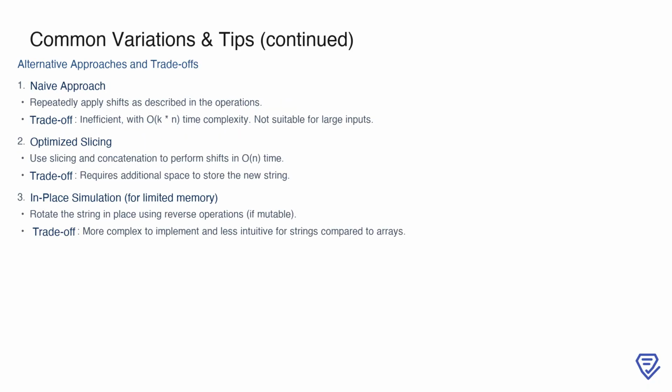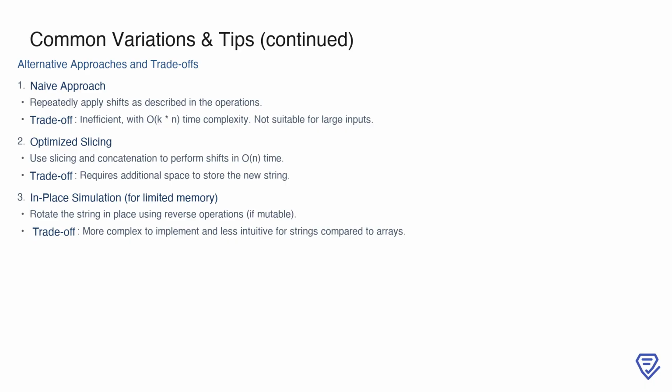When solving this problem, there are several approaches to consider, each with its own trade-offs. The naive method involves applying the shift operation repeatedly, step by step. While straightforward, this approach is inefficient, with a time complexity of O(k) times n, making it unsuitable for larger inputs. A more optimized approach is slicing and concatenation, which achieves the shift in O(n) time by directly constructing the result.